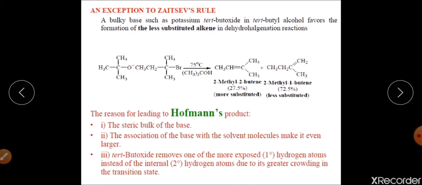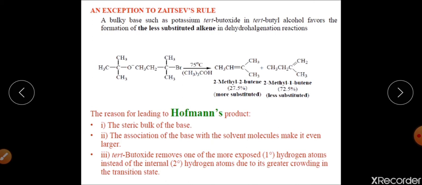So the first case is when the base is bulky. We have simple bases and we have bulkier bases. At the time when we use bulky bases, the Hofmann product will be the major product in comparison to the Saytzeff product. The second case is when the leaving group is bulky or it is a poor leaving group, right?